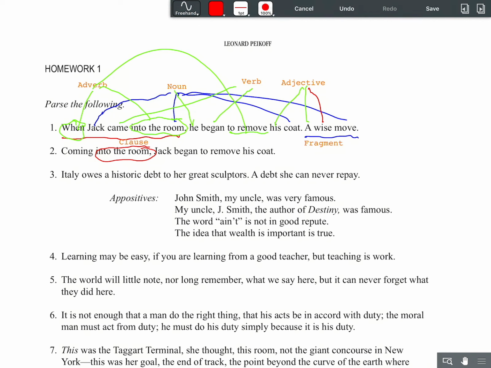The -ing words tended to be verbals. So we have began, which is a verb again. And then "to remove" modifies began, and coat is a noun, Jack is a noun, his is an adjective, because it says which coat it is, so it's giving us information about the coat.